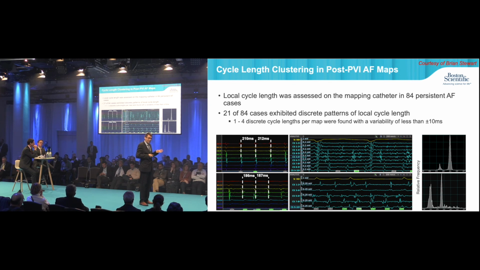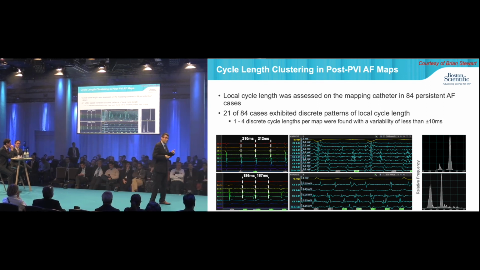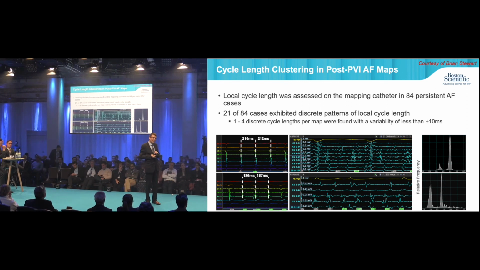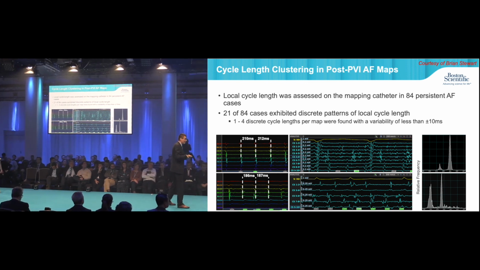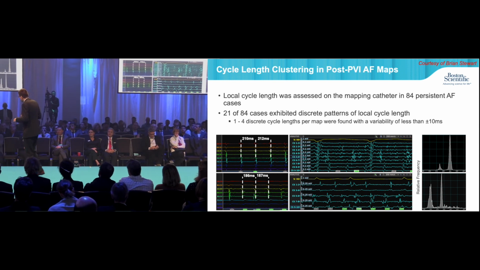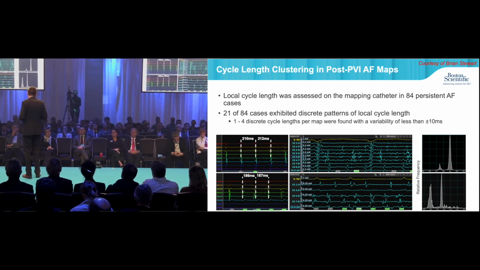And in some cases, still a minority, but very important, only clusters of cycle length exist. This means, like in those 2 examples that are displayed, that those AFs are explained by 2 concomitantly ongoing ATECs. Imagine that you can select the first one, you get rid of it, and the second one, you get rid of it, and you get rid of the AF.